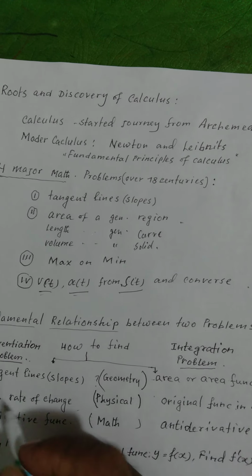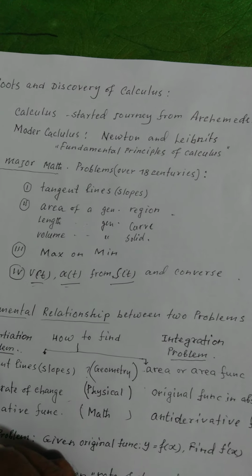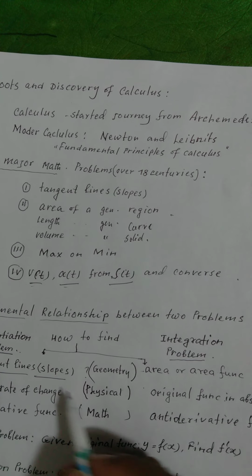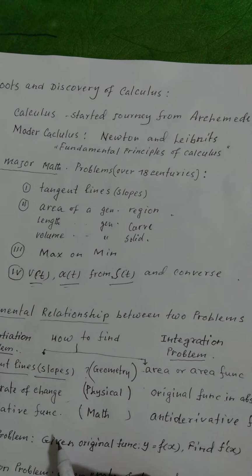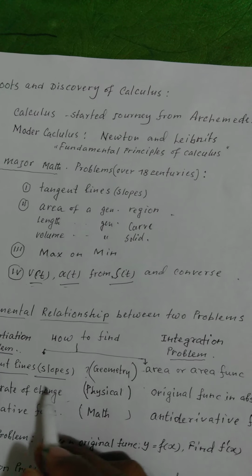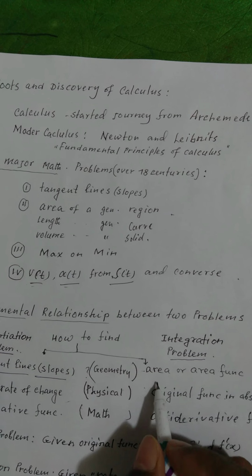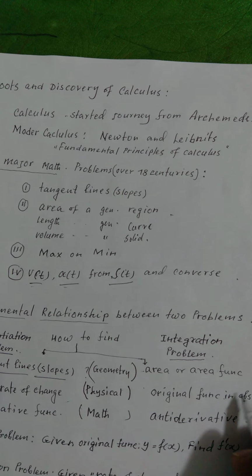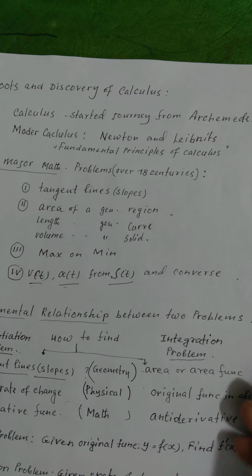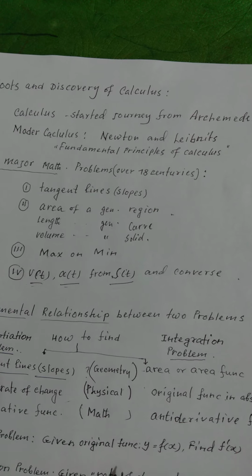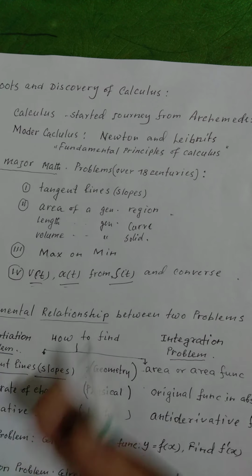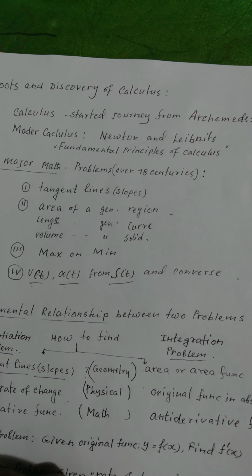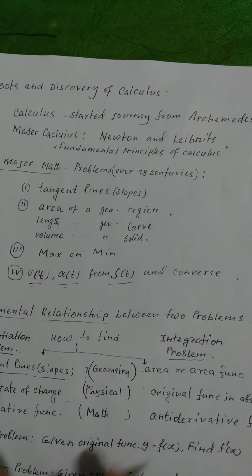The differentiation problem is the tangent line problem or slopes problem, how to find the tangent line or slope of a curvilinear function. The integration problem was how to find the area or area function under a curve. Otherwise we can say the differentiation problem is how to find the instantaneous rate of change.